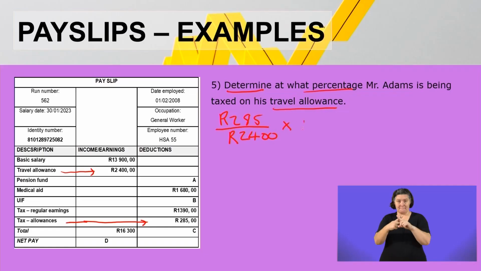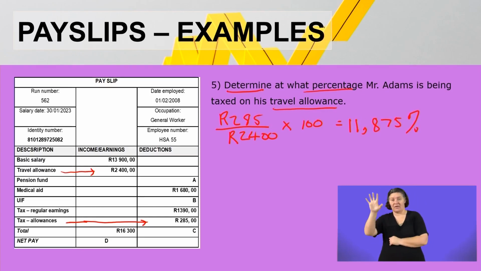And since I want a percentage, I will multiply this by 100. So 285 divided by 2,400 multiplied by 100 equals 11.875%. So that means that every month he will contribute 11.875% towards tax. I hope all in all this is clear.